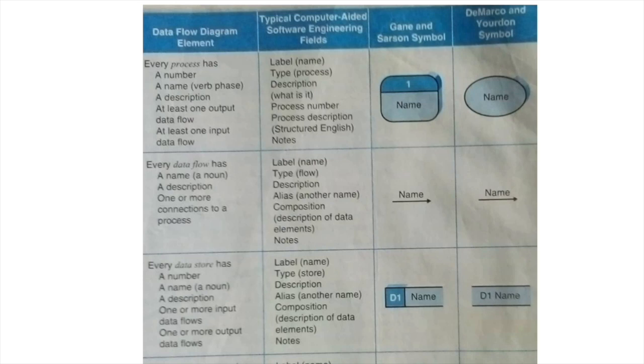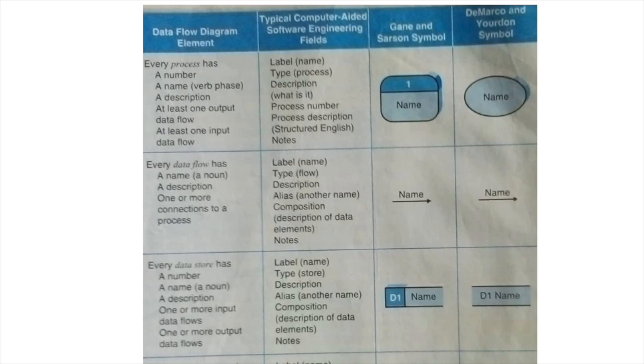It is also important for us to notice here that we have two types of symbols that can be used to denote this. We have the Gane and Sarson symbols, and we have the DeMarco and Yourdon symbols. Now, it is important to mention here that you have to be consistent in using your symbols. It is either you go for the Gane and Sarson symbols or you go for the DeMarco and Yourdon symbols.